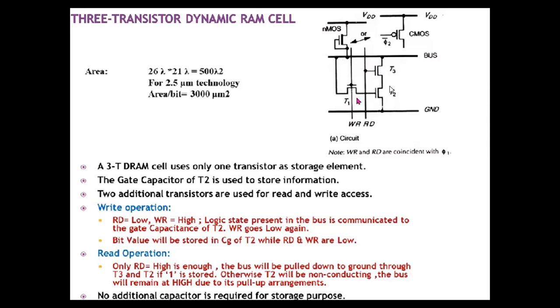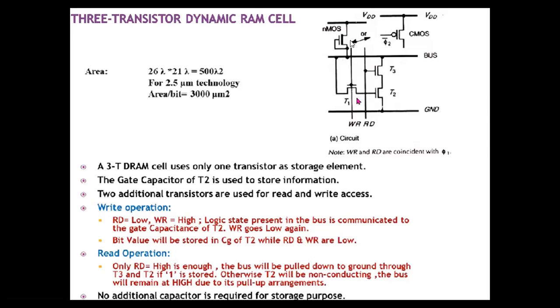Or if T2 is in the off condition, whatever value is on the bus, the same value will be retained. Why? Because T2 will be in the off condition, hence this part will be open circuited, hence the potential on the bus will remain as it is. Otherwise T2 will be non-conducting and the bus will remain high due to its pull-up arrangement.